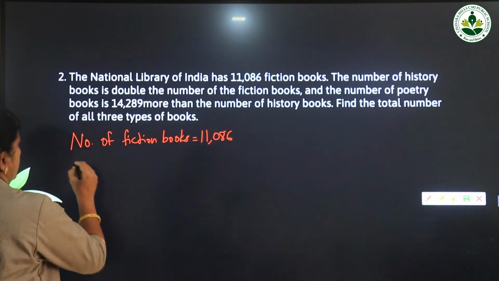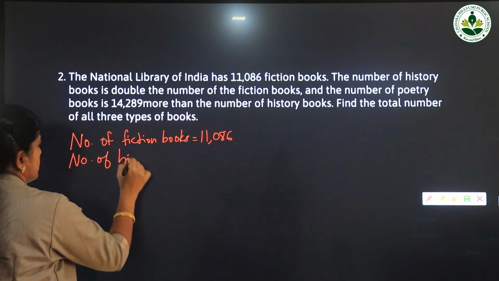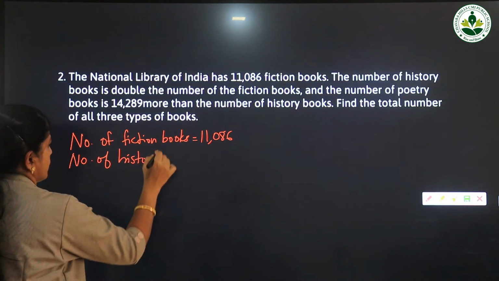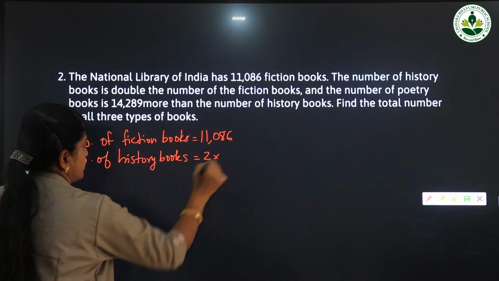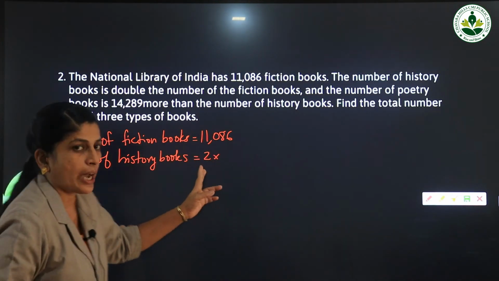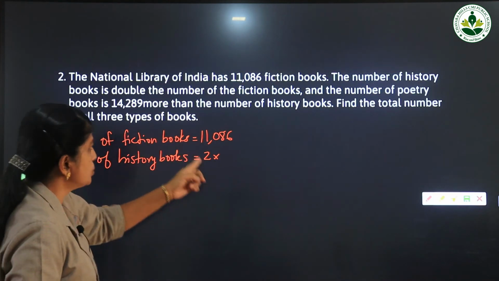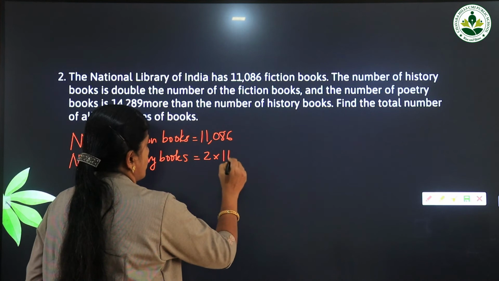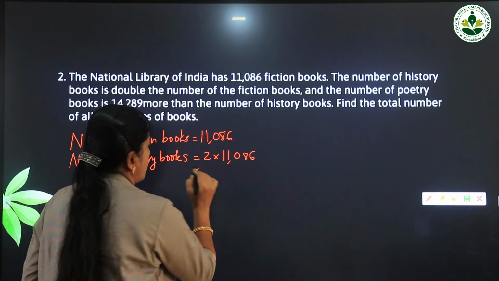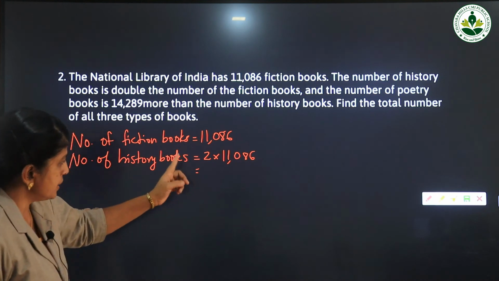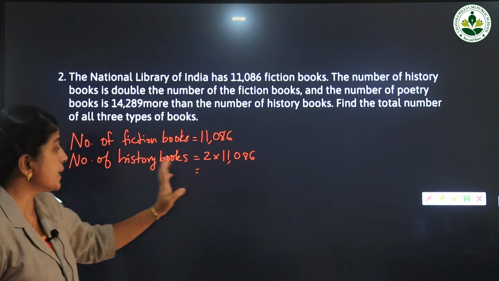Number of history books is equal to 2 into number of fiction books, because it is twice the number of fiction books. That is 2 into 11,086.